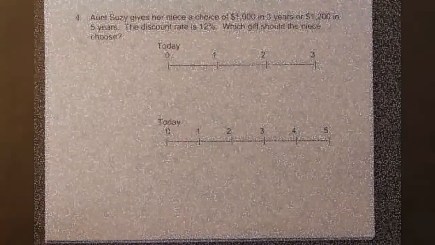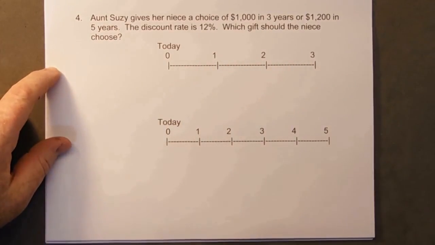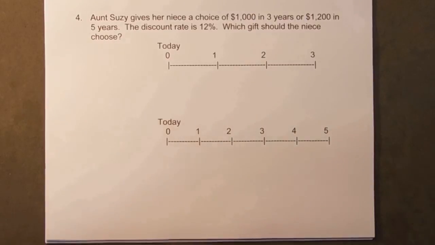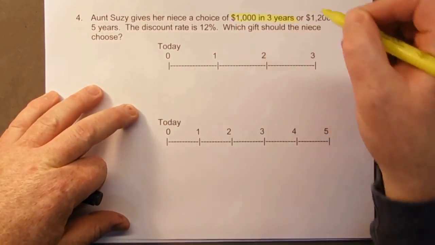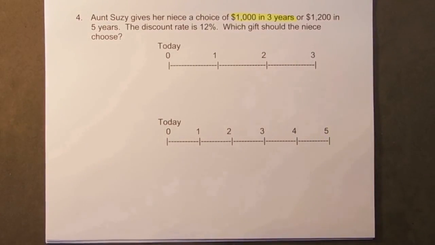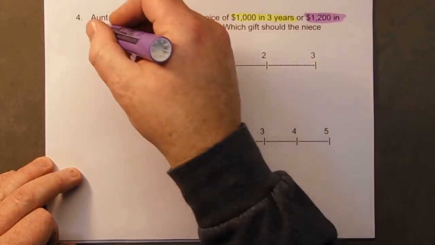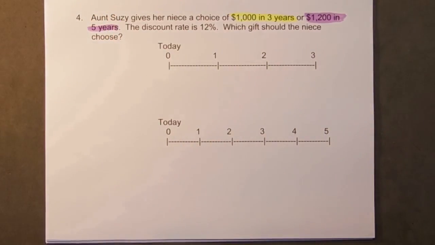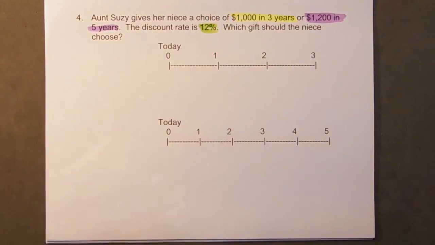The only thing that's different on problem 4, the gifts are exactly the same. Only in this one, the discount rate is 12%.